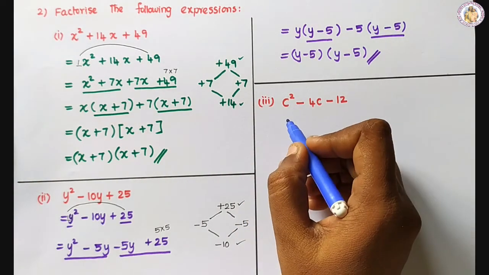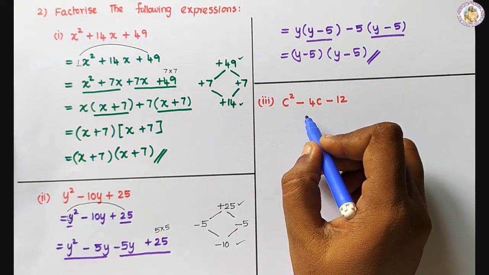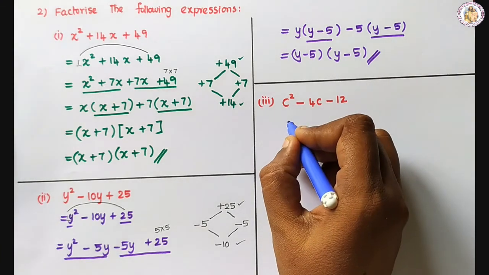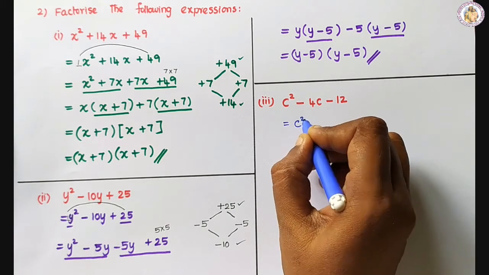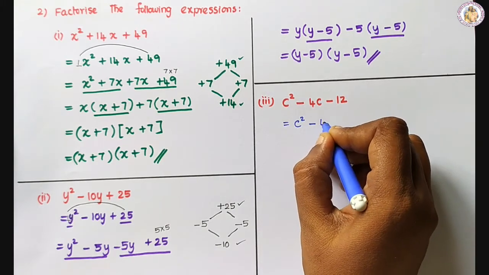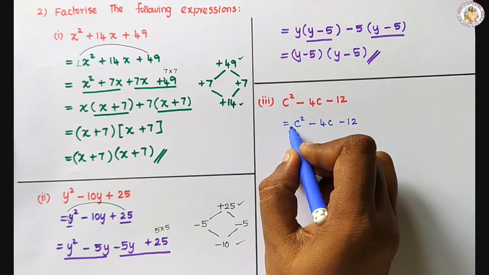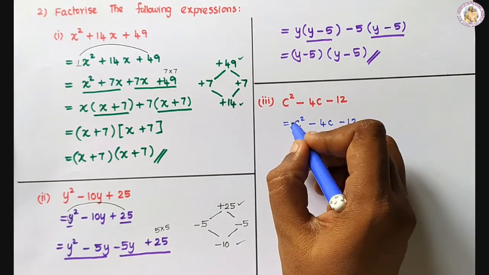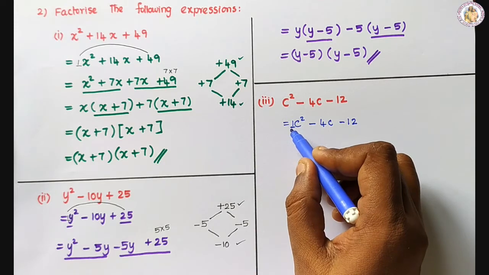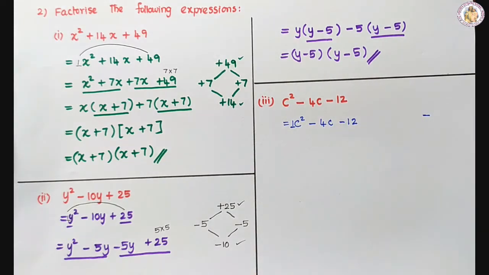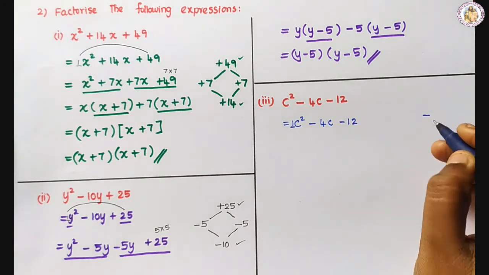Listen, the third one: c squared minus 4c minus 12. Here the numerical coefficient is 1. Plus into minus, minus, 1 into 12, 12.